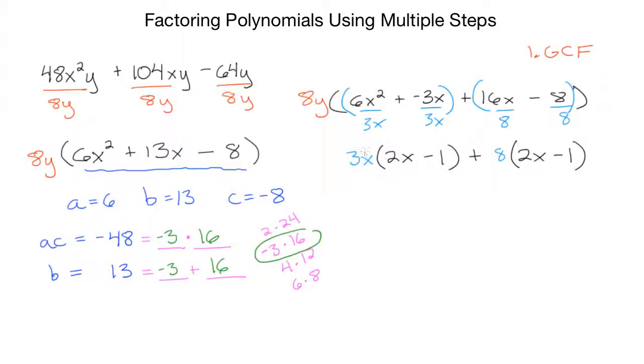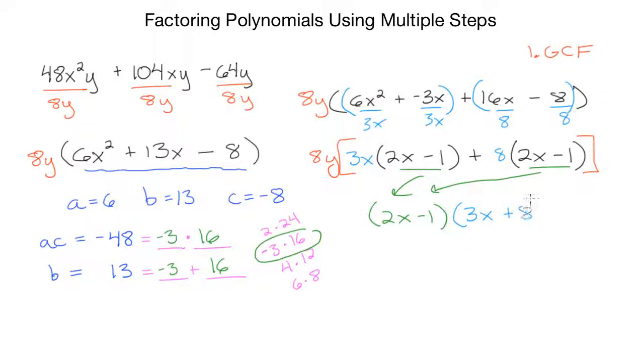All right, we still got my 8 times y in front of all that. But there's my common binomial factors that make me feel really good that our factoring by grouping method is going to work. So we factored those out in front, and we've got 2x minus 1 times the 3x plus 8. And all of that was still multiplied by 8 times y.